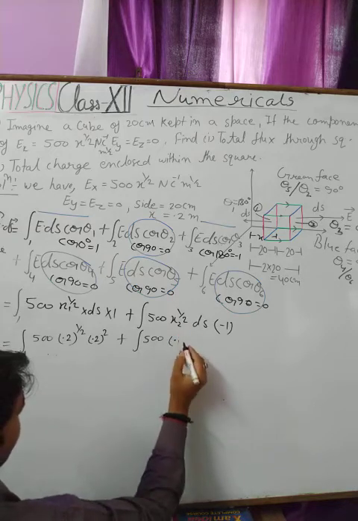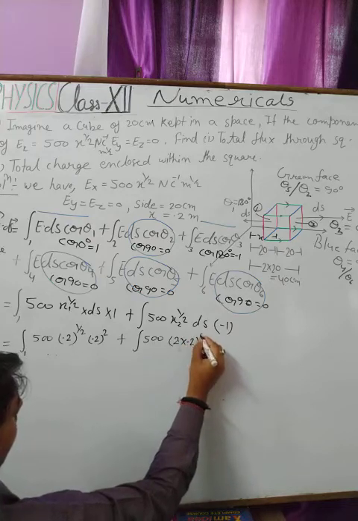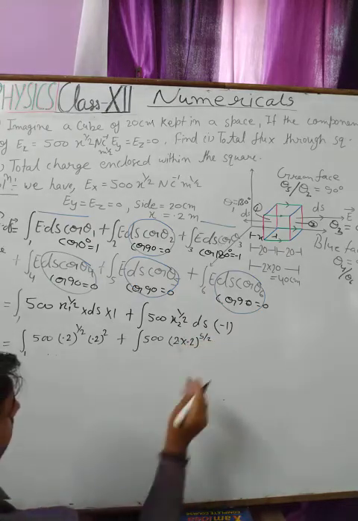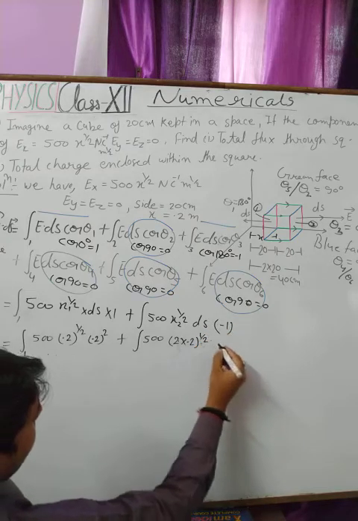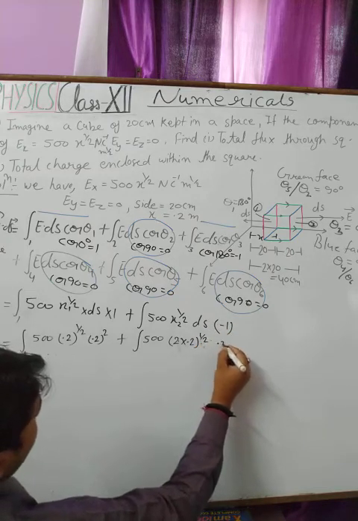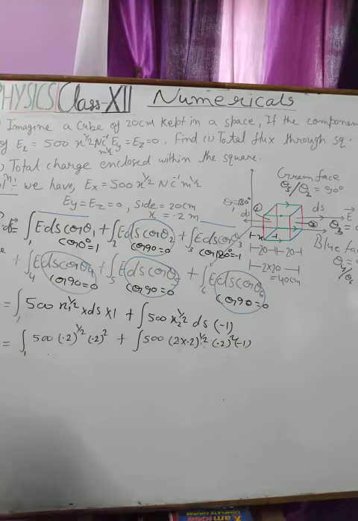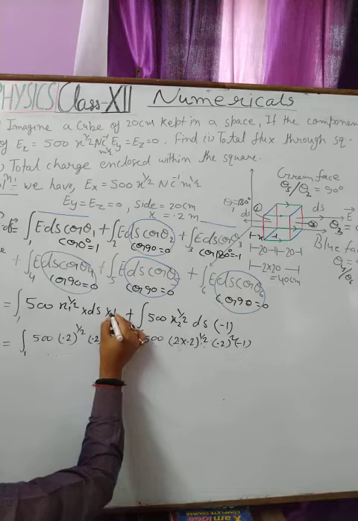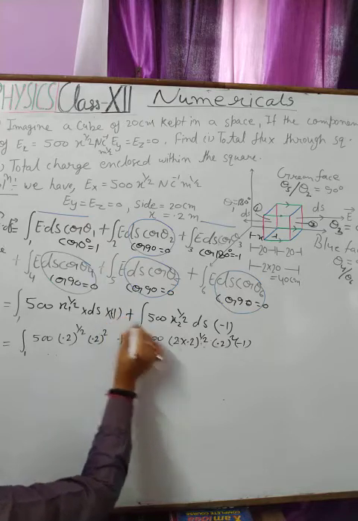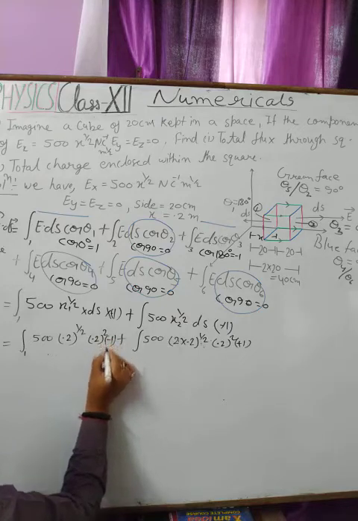Okay, let's do it like this: 2 into 0.2 to the power 5/2, 1 by 2 and dS, which means 0.2 square into minus. Okay, 1 minute. -1 for this, and this is plus, so this will become -1.